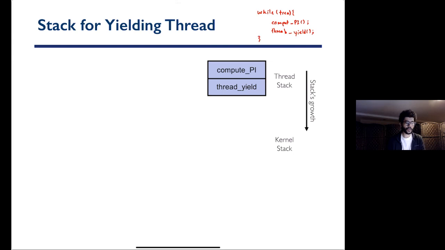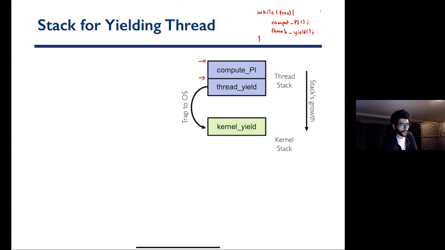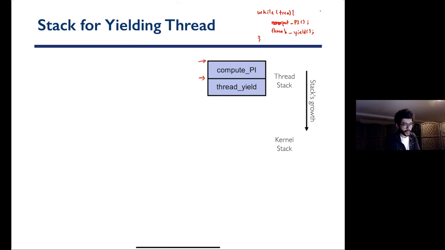And this is going to continue. So let's look at that. Your stack will have the compute pi on top. Sorry, I apologize. Oh God, this was not compute pi. Compute pi is the name of the function.